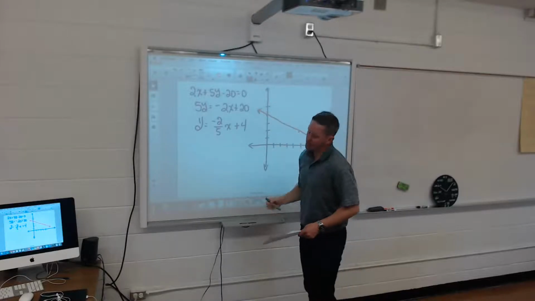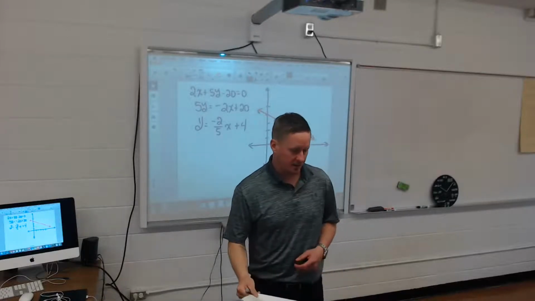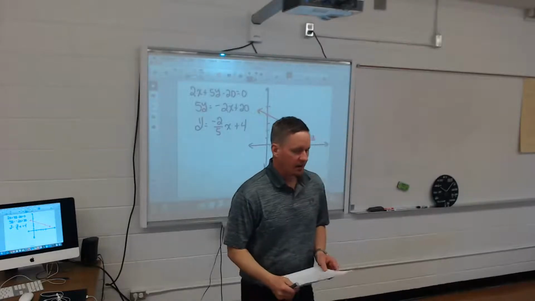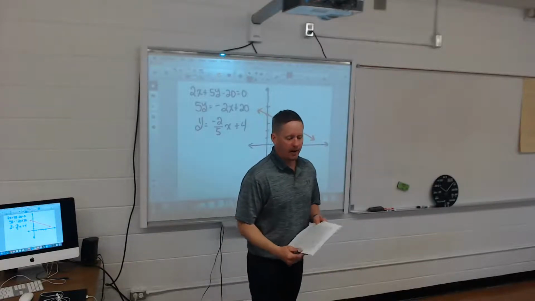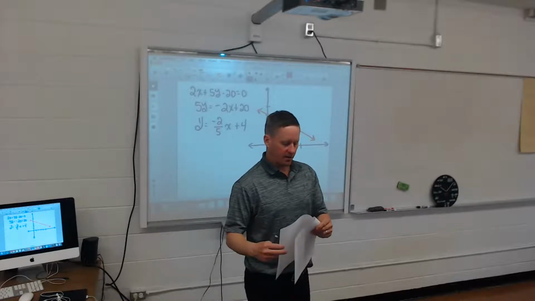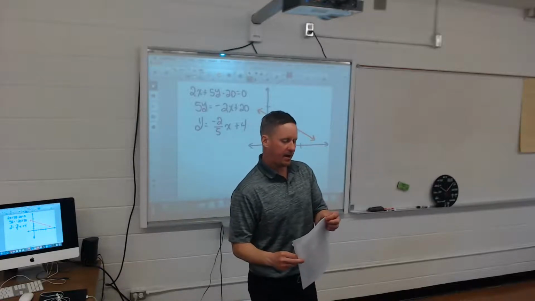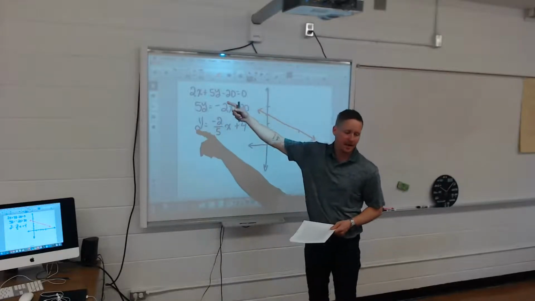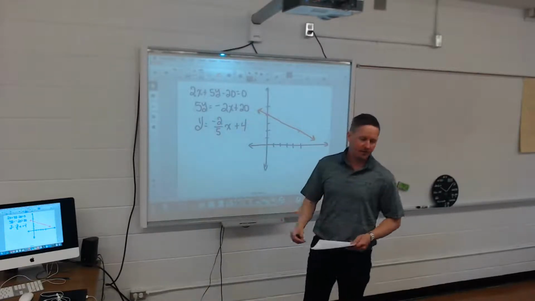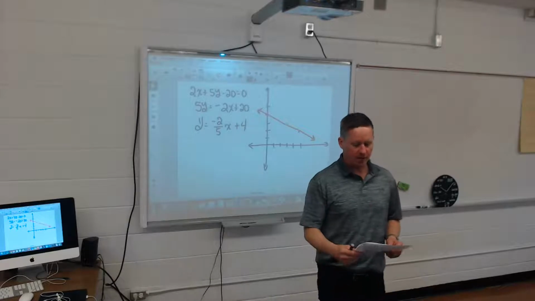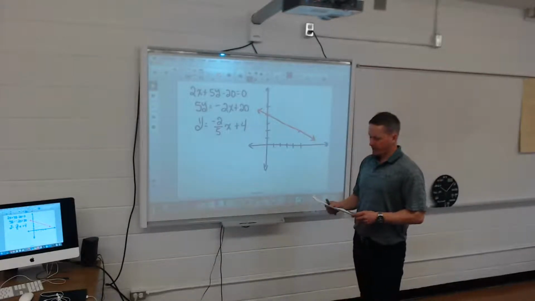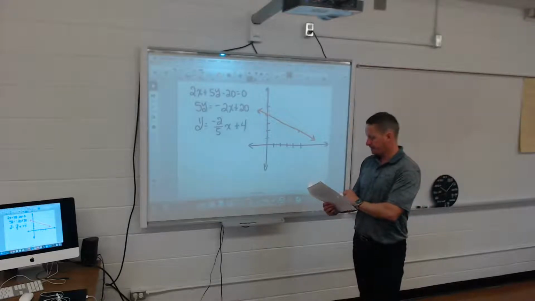Now, it's important for us to put arrowheads, and especially if you're using Desmos, they're not going to put arrowheads on it or any other graphing technology, but you need to understand that those arrowheads have to be on it. You have to show that this graph goes up and left forever and down and right forever. So we have to make sure that we have those on there. Okay, so that's question number 3 then.